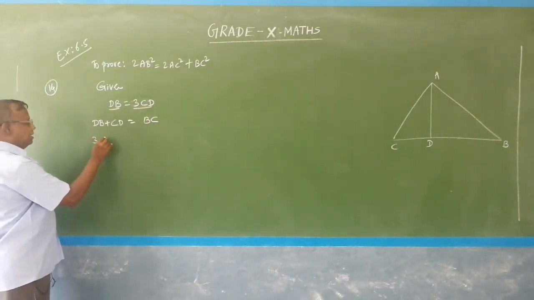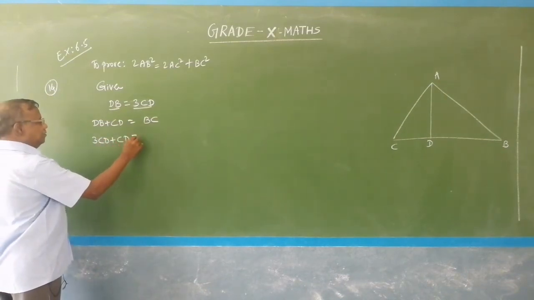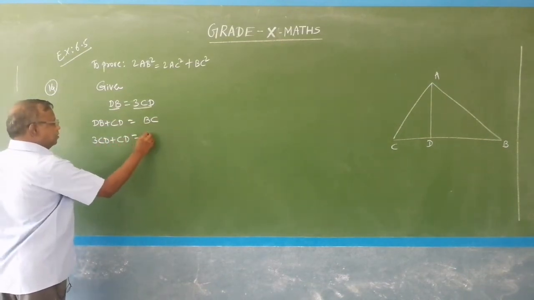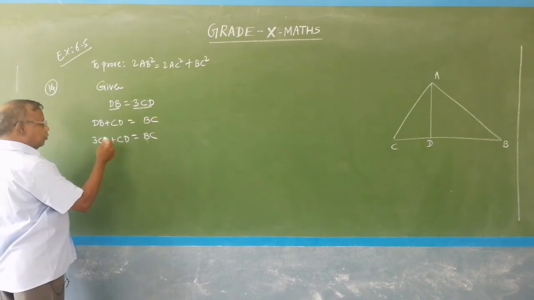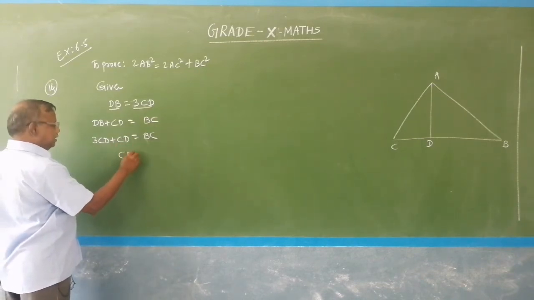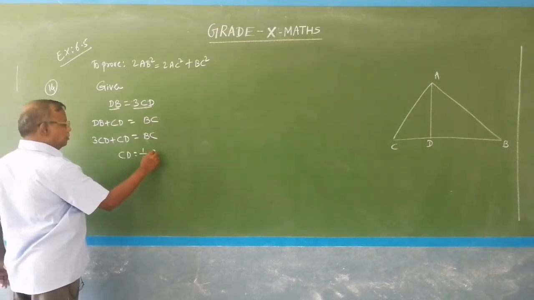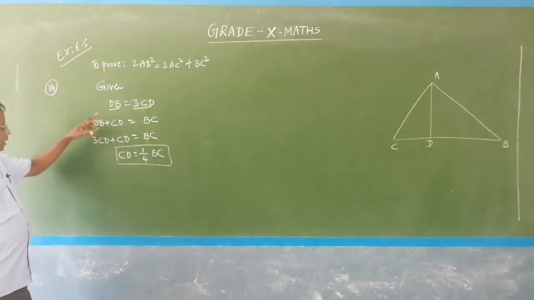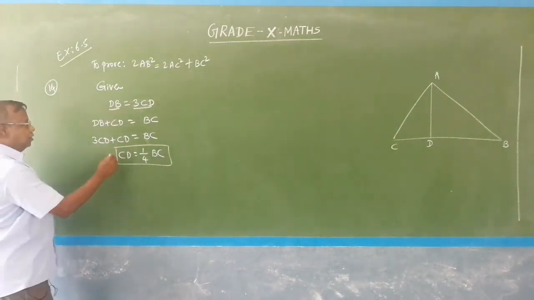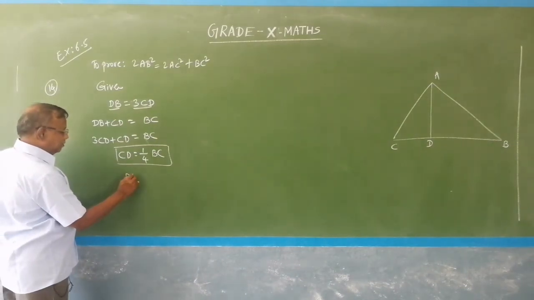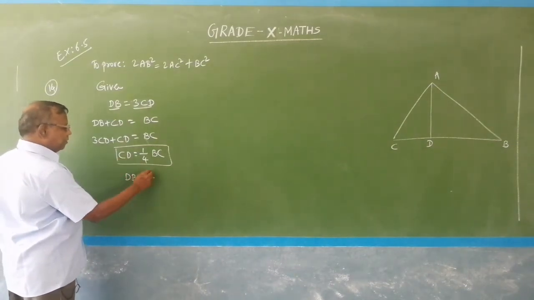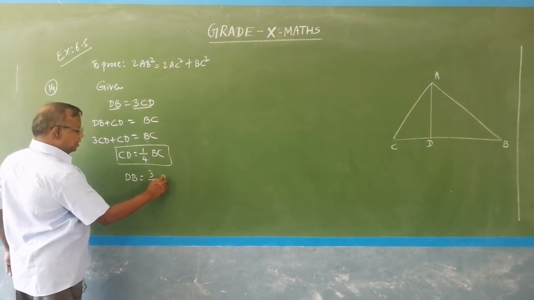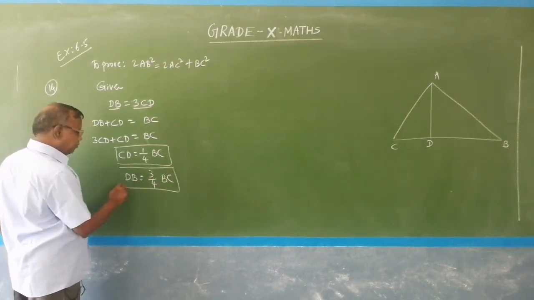So 3CD plus CD equal to BC, or 4CD equal to BC, CD equal to 1 by 4 BC. So this is 1, and we know that DB equal to 3 times CD, which means DB equal to 3 by 4 BC.